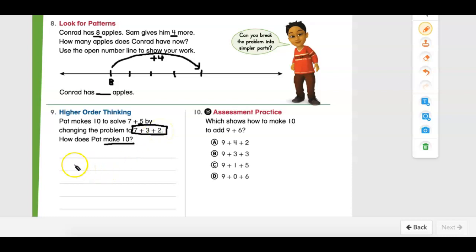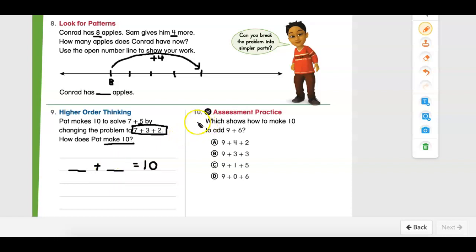I want you to write the equation that Pat would have to use to make 10. So you are going to write your add-in plus your other add-in equals 10, because we are going to make 10. So what two numbers from this equation that we circled would you add together to make 10?